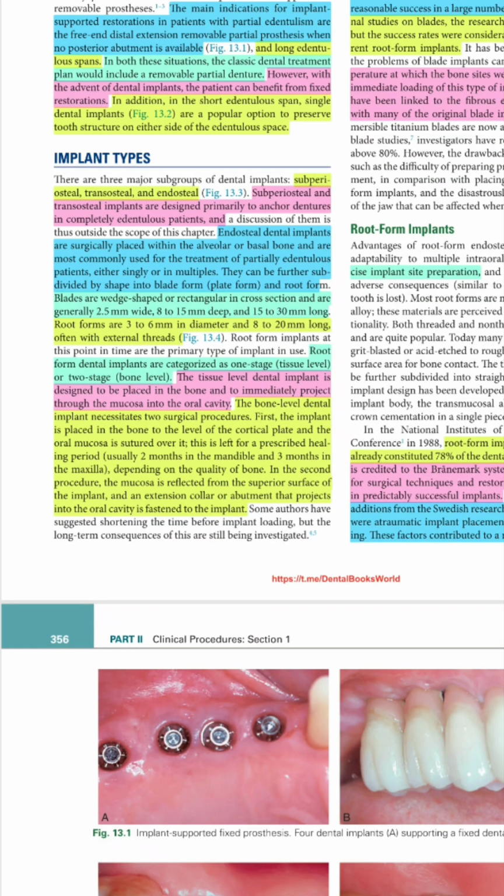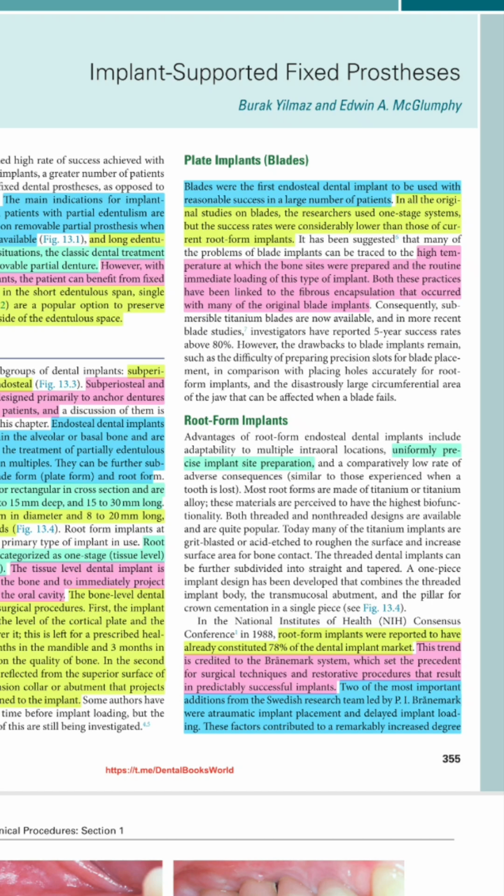Let's take a brief history about the blades. They are rectangular in shape, and they were the first endosteal implants used, as a one-stage system. We will now know the difference between a one-stage and a two-stage. Their success rate was lower than the current root form implants.